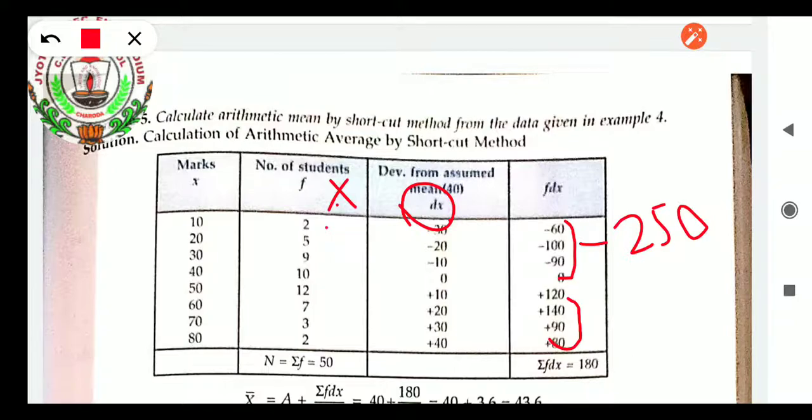Now the positive numbers: 120 plus 140 is 260, 260 plus 80 is 340, 340 plus 90 is 430. 430 minus 250 gives you 180. The answer will be positive because the positive number is more.